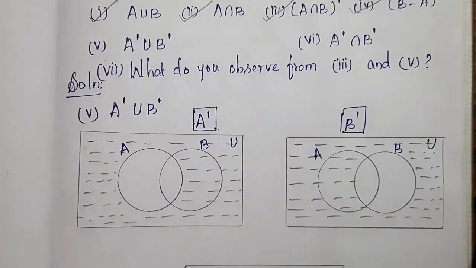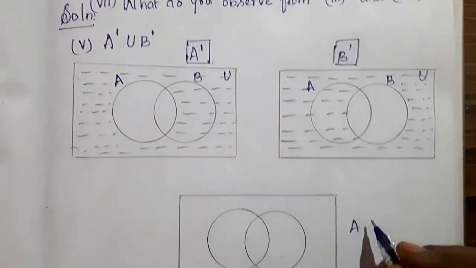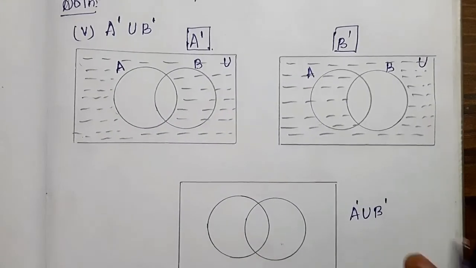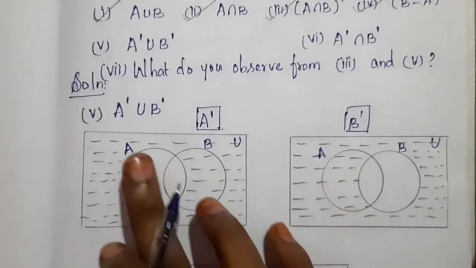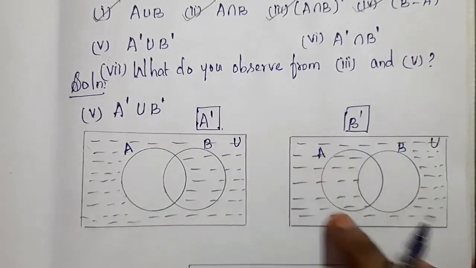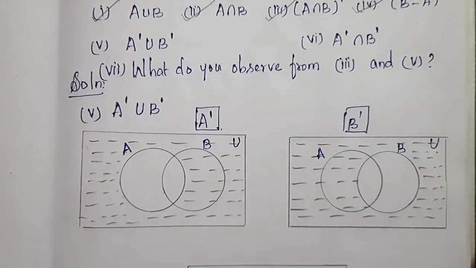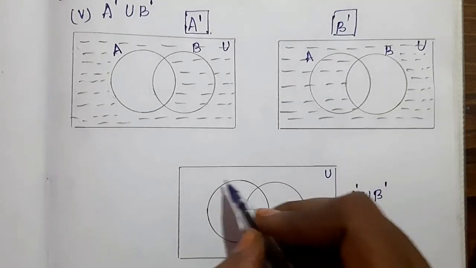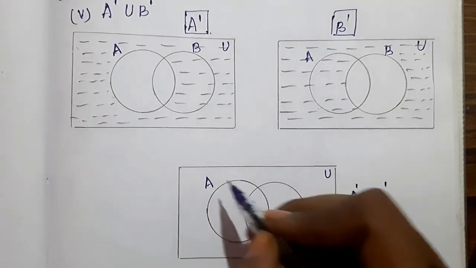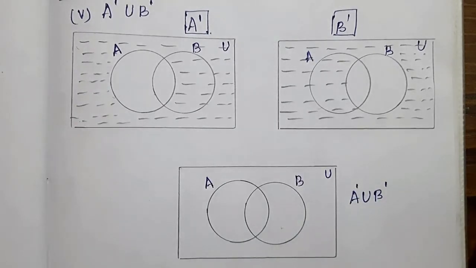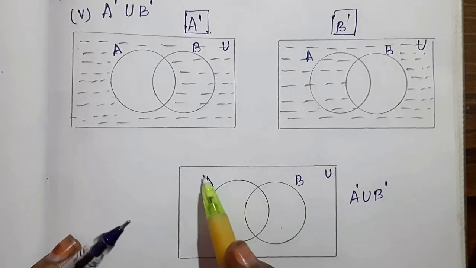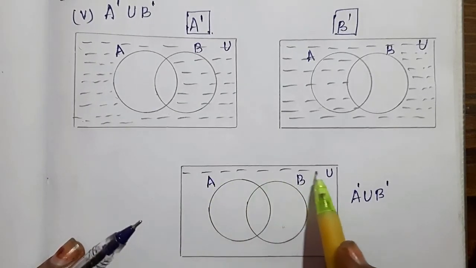Next we can write A complement union B complement. So all together, this one and this one all together. So what will we get? I'll name this as universal set, A, B, then union of both sets.